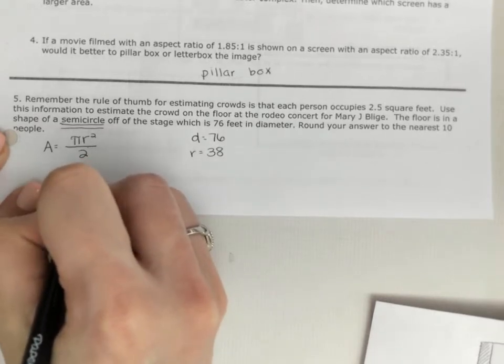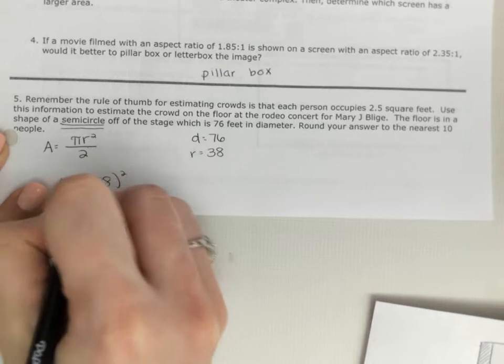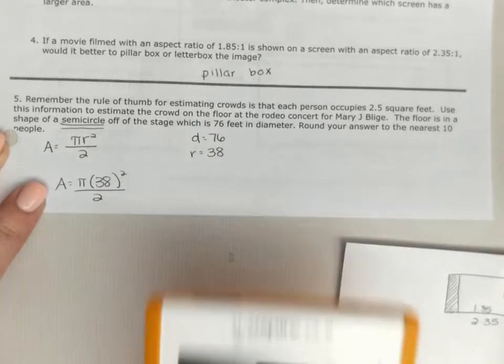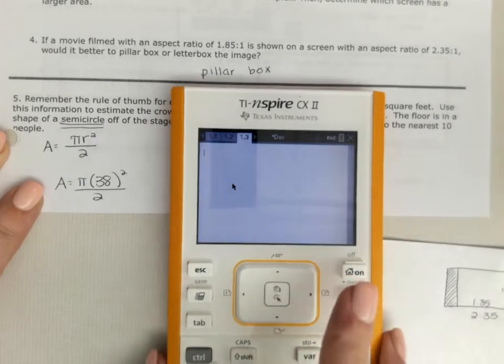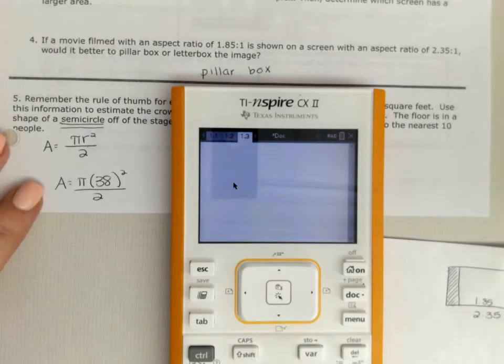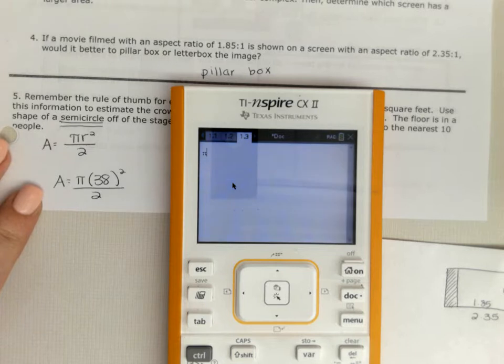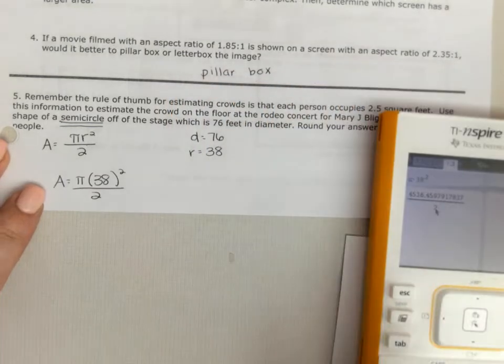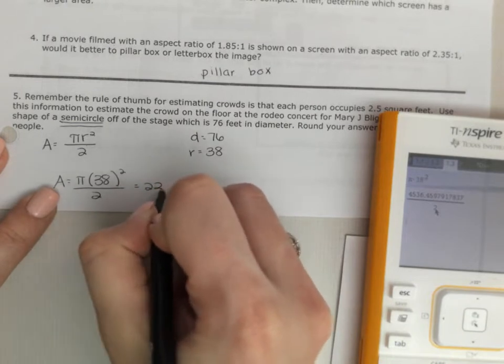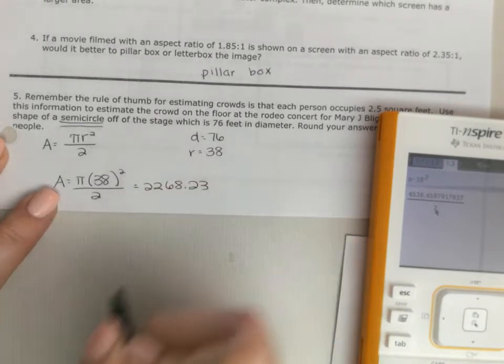A equals pi times 38 squared divided by 2, and we get an area of approximately 2268.23.